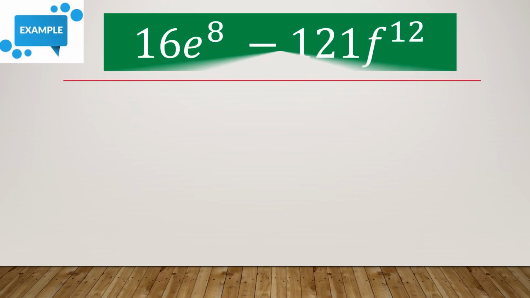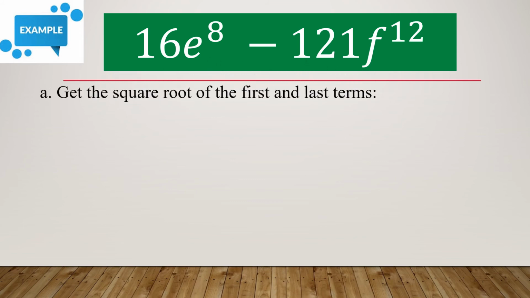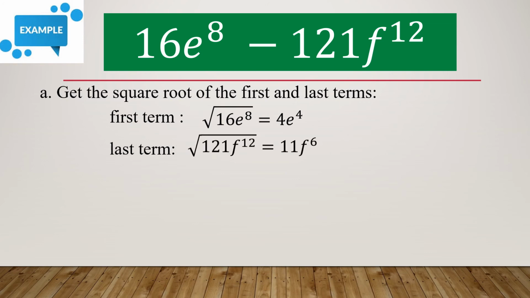Let's try to solve another one. Find the factors of 16e raised to 8 minus 121f raised to 12. What are the first and last terms? Get their square roots.